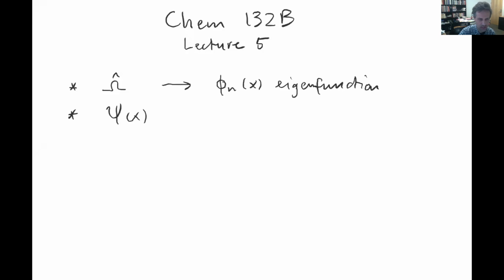This wave function is what describes the particle, okay? Now, this wave function does not have to be an eigenfunction of a given operator. Let's make this more specific. So let's call the operator the Hamiltonian, the operator for energy. So let's say this wave function is in general not necessarily an eigenfunction of the Hamiltonian, okay?